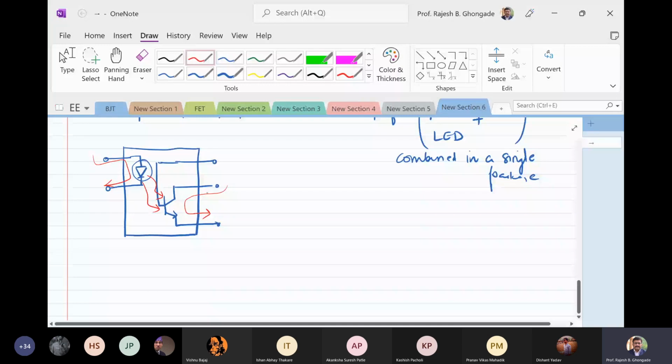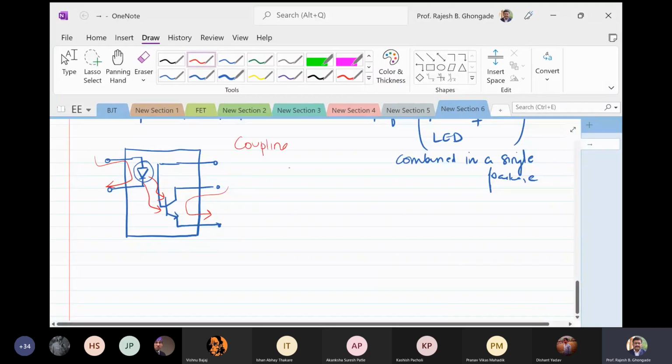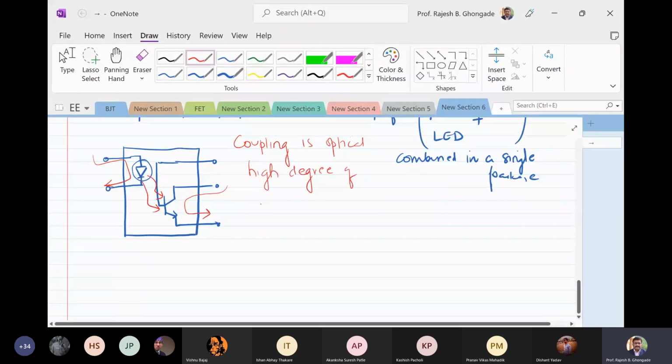Now, since the signal coupling is via light, that is, the coupling is optical, we have a very high degree of electrical isolation.